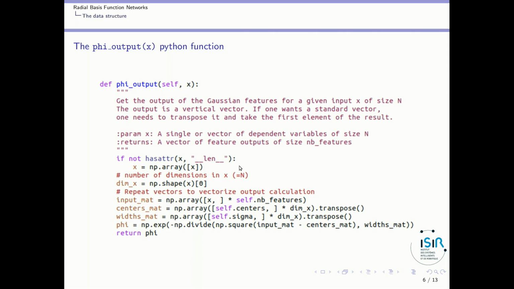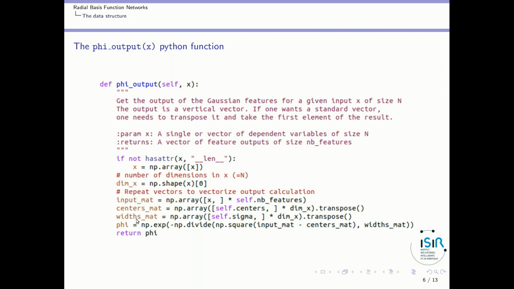And then I will define matrices that will help me compute the values of phi output. First I define my input matrix corresponding to x by multiplying x by a number of features times. Then I define the matrix of the centers of each Gaussian by taking the initial centers and multiplying it by the number of dimensions of x and then transposing.